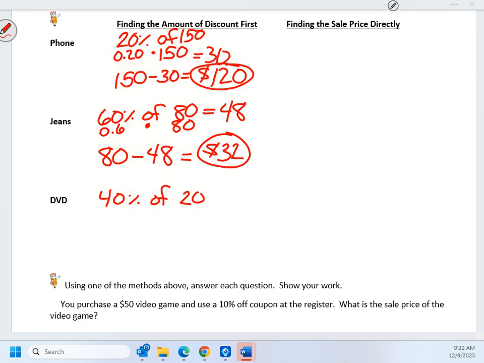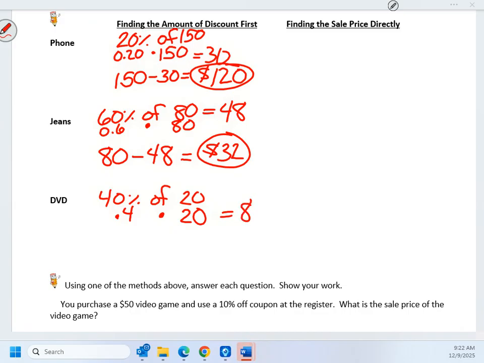We did this objective yesterday. What did you do, Jack? You put a decimal in front of the 4, and then of means multiply, so you multiply 20. So 0.4 times 20, what do we get? Now what do I do?